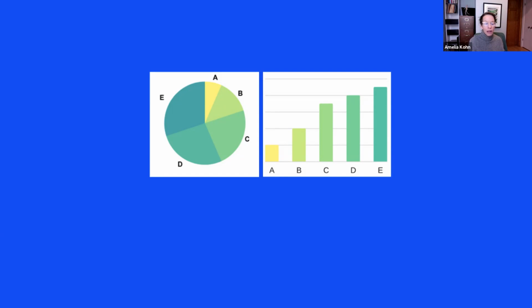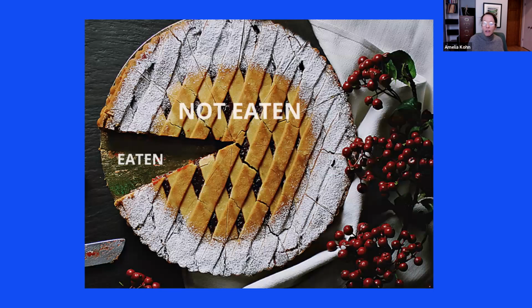I don't know about you, but E, D, and C look pretty similar in size. And that's because we don't do so good assessing angles. So when comparing the quantities of several things, bar charts are almost always better than pie charts. The only exception is when you want to compare a part to a whole. But once you get beyond 2 or maybe 3 slices, skip the pie and dust off the trusty bar chart.